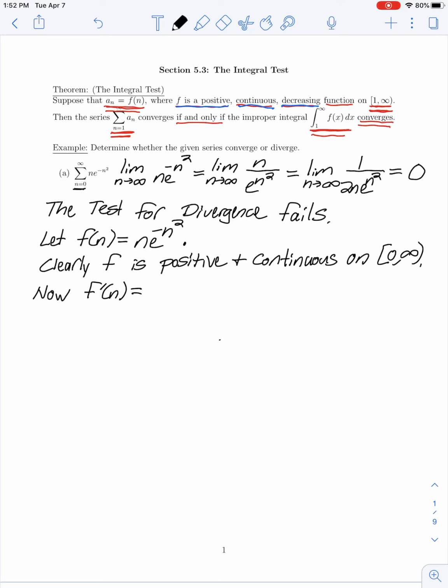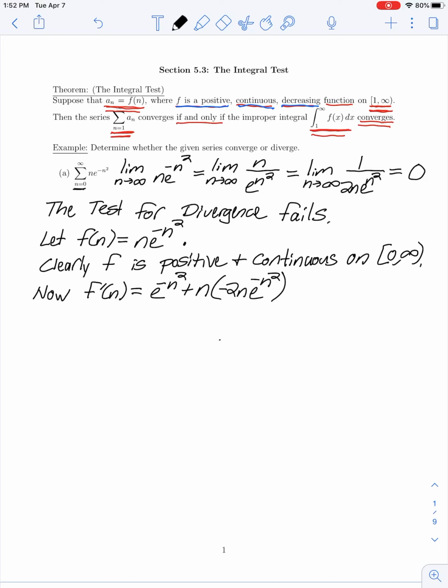So here the derivative of our first factor, n, is 1 times the second factor, e to the negative n squared. Then we add the first factor, n, times the derivative of e to the negative n squared, which by the chain rule is negative 2n e to the negative n squared.